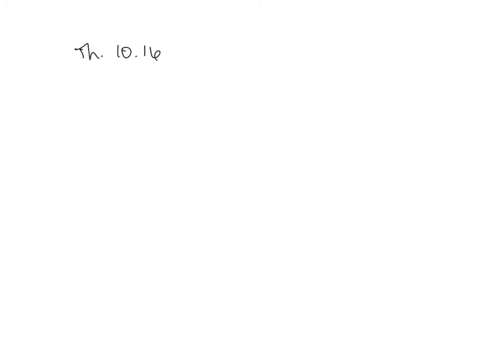So this one, 10.16, is like, well, what if they intersect on the outside? And we have 3 different scenarios of what can happen with stuff that crosses on the outside. What you do is still the same. So it's not like the formula is going to change.